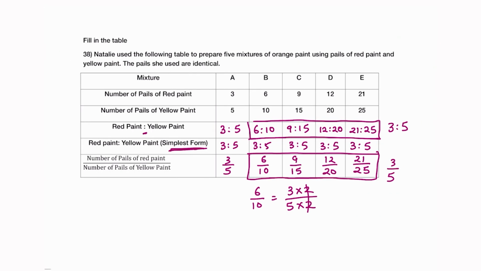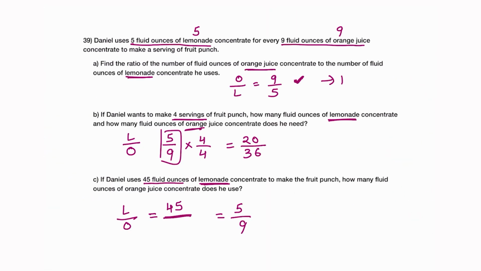It's nothing different. It's just that the information is given as sentences. You're not given ratios directly. So 5 to 45 is how much? Times 9. So this will also be times 9. And 9 times 9 is 81. So for 45 fluid ounces of lemonade concentrate, he needs to use 81 ounces of orange juice concentrate.